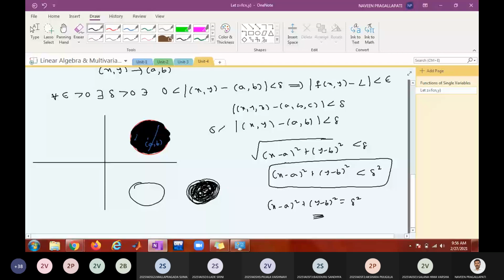For example, limit of sin x by x as x tends to 0 is equal to 1, and f of 0 is not defined, since sin 0 by 0 is not defined. But still you can find the limit as x tends to 0. That's why we are not concerned about whether the function is defined at 0 or not. Do you agree?